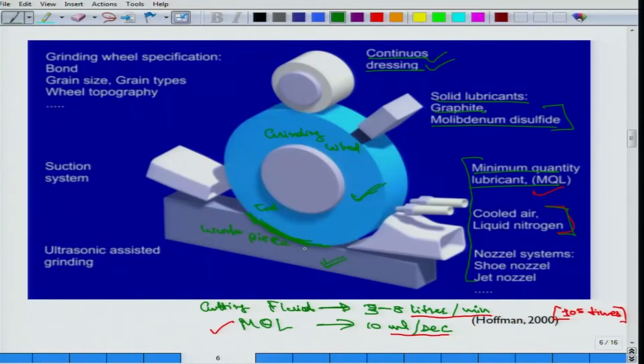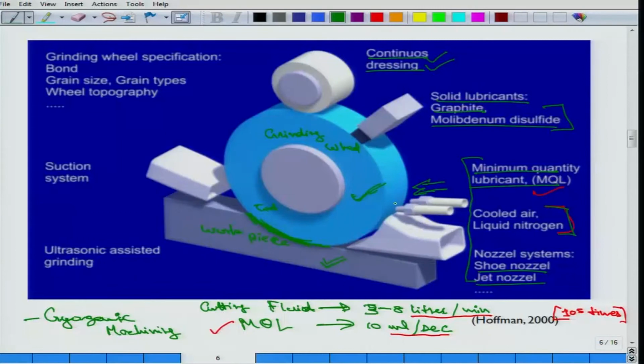Also there is a process known as cryogenic machining, which is also done at very low temperature. Then we have nozzles, shoe nozzles and jet nozzles, that are used to supply this fluid.